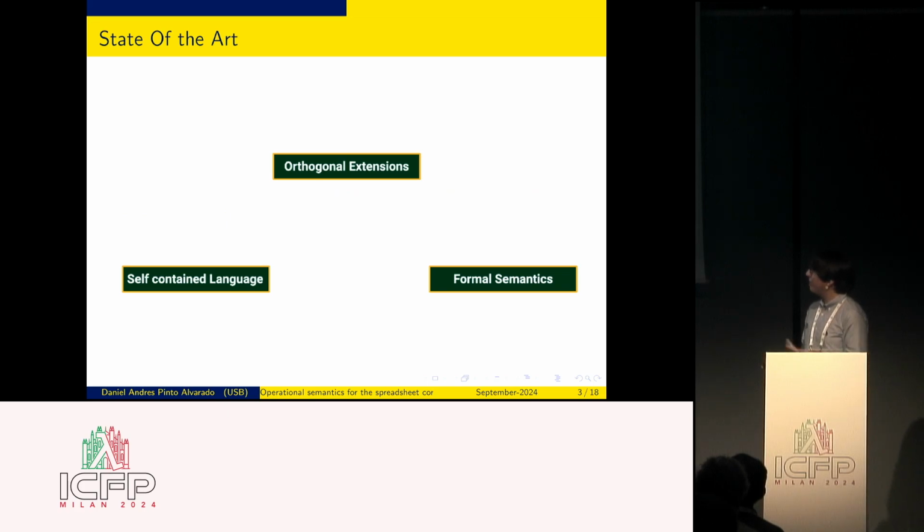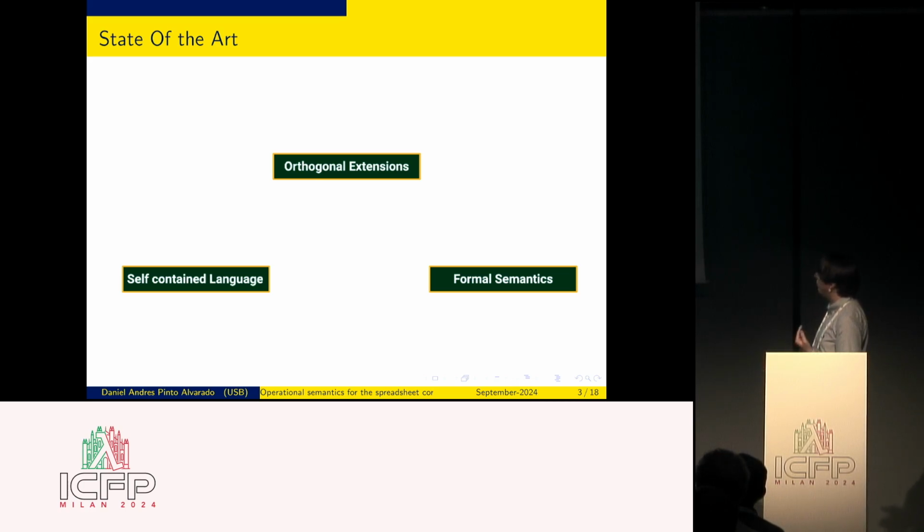The current state of the art is that we would really like to have these three characteristics. We would like orthogonal extensions like lambda functions, nested structures, nested arrays, and the like. We would really like a self-contained language, because having to marshal or learn a whole different language in order to do, for example, macros is really inconvenient.